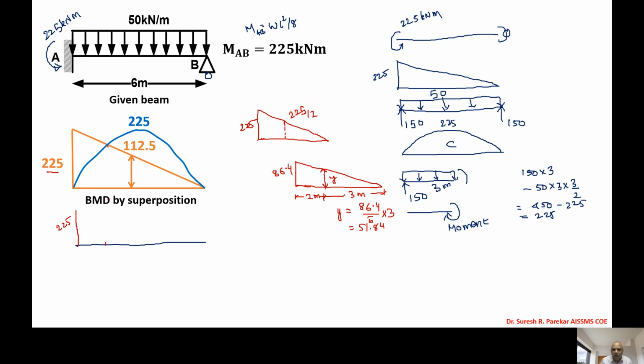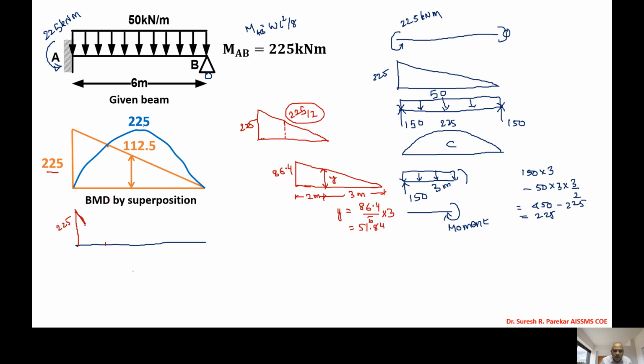So this value we are going to get in this case as 225 by 2, and that is 112.5. Now the net value, if we calculate 225 minus 112.5, due to blue we have to plot below, because that is on the tension side, and then we will get it like this.